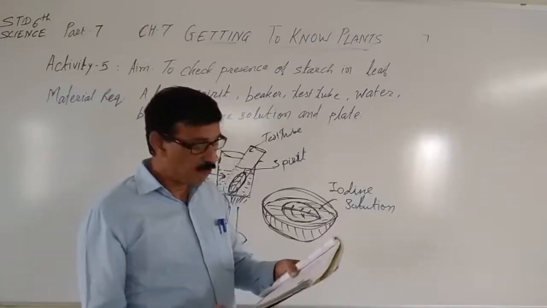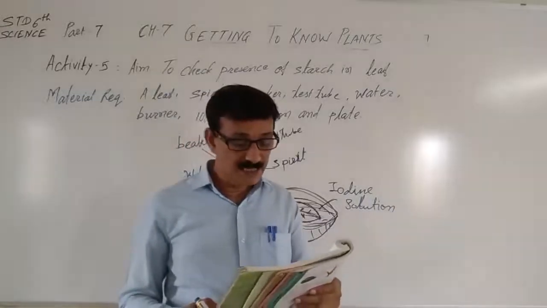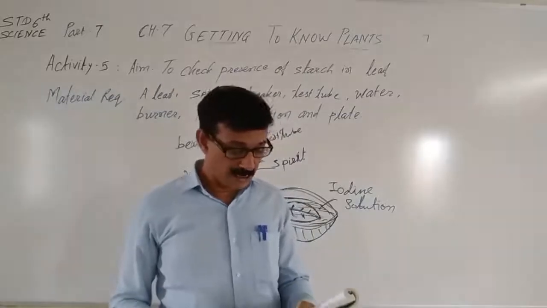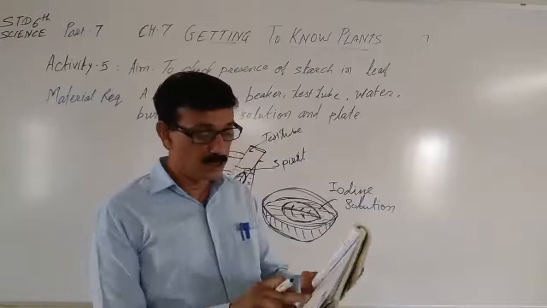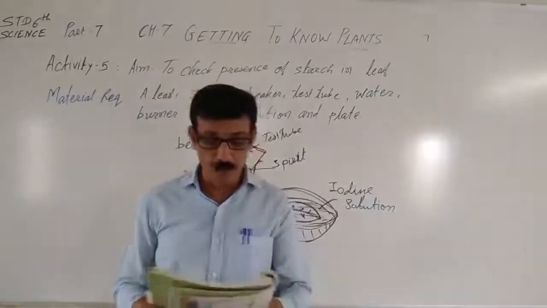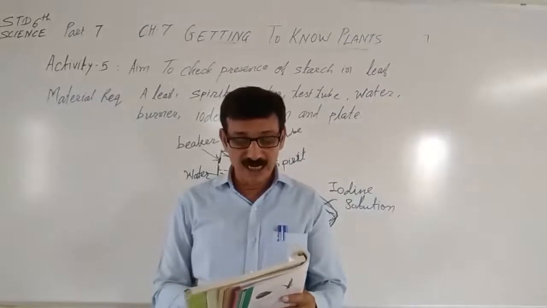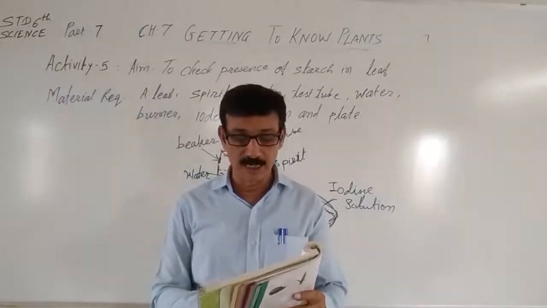When you tested food for the presence of different nutrients, does this mean that the leaf has starch in it? In chapter 2, we saw that a slice of raw potato also shows the presence of starch. Potatoes get this starch from their leaves and store it.